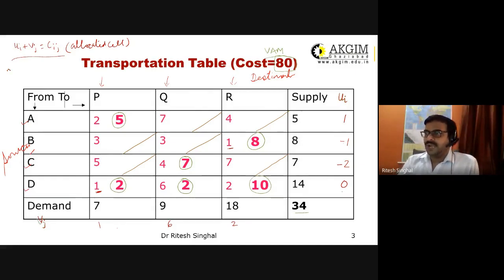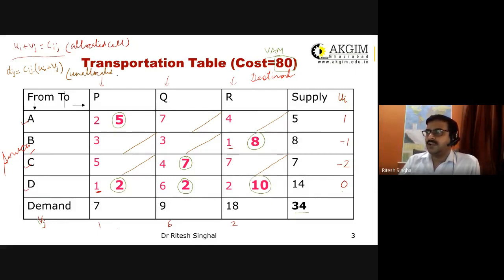We need to calculate Dij, that is the opportunity, and it is calculated as Cij minus (UI plus Vj), for each unallocated cell.